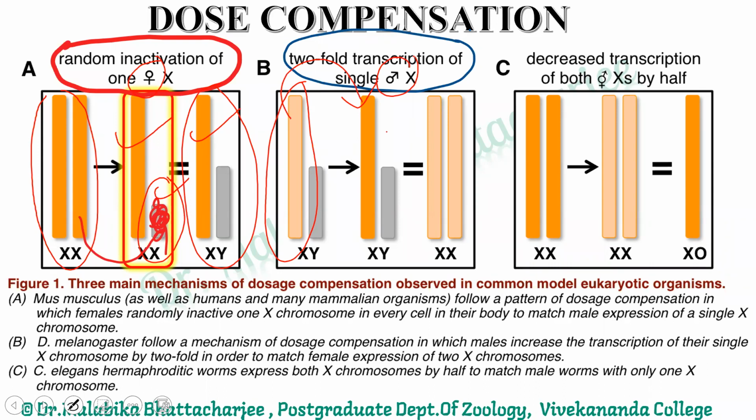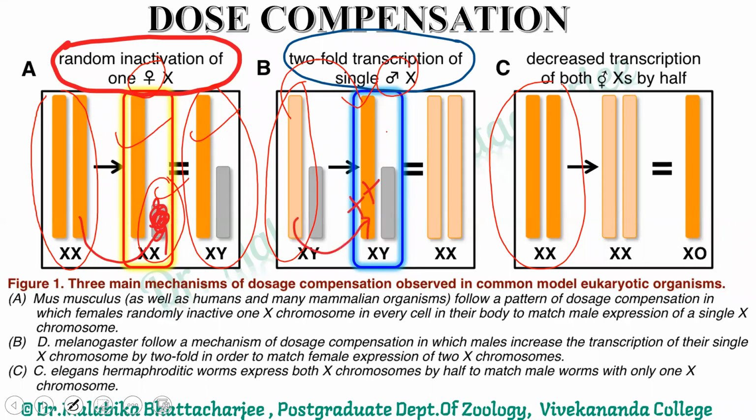In C. elegans, interestingly, dosage compensation occurs in females. As you can see, there is decreased transcription of both X chromosomes to match the amount of product produced by the single X chromosome present in males.